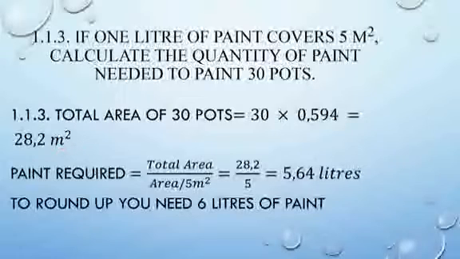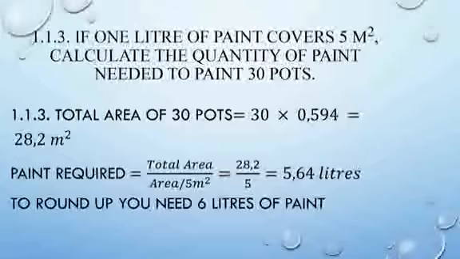Now, what will be the paint required? Remember, 1 liter paints 5 square meters. So we will take the total area and divide it by the 5 square meters, where 1 liter paints.